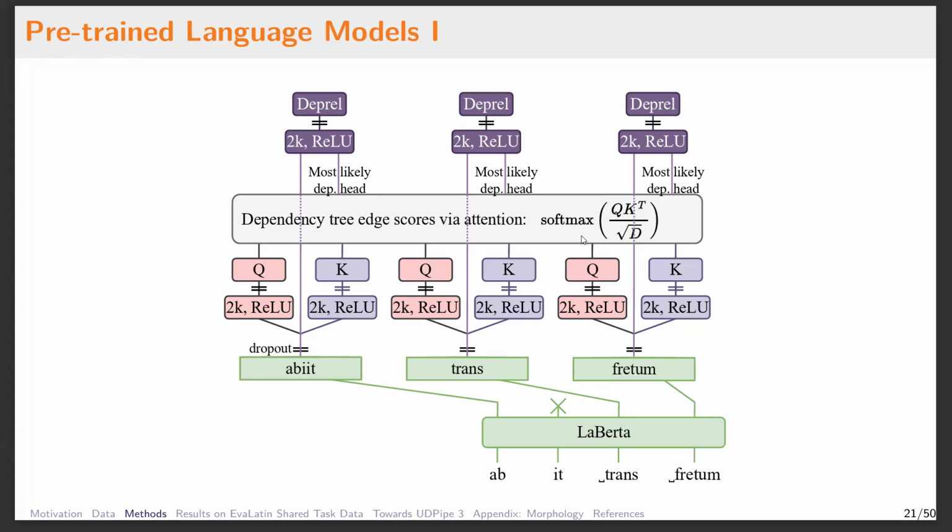So these are different than the tokens that we would have on the linguistic level. So every BERT model is always distributed with a tokenizer that corresponds to this BERT model. So in this case, the words are split up: "ab it trans fratum". So the first word was split into 2 subwords.